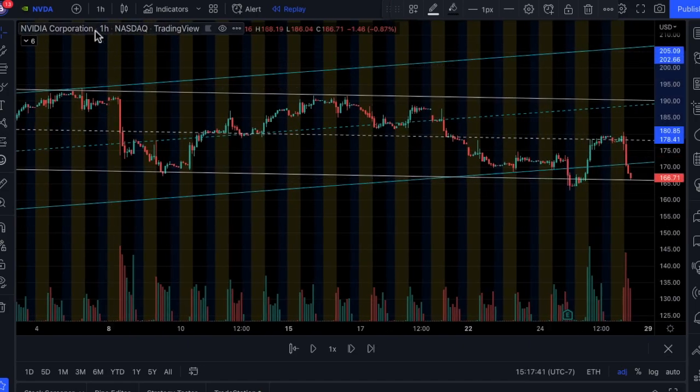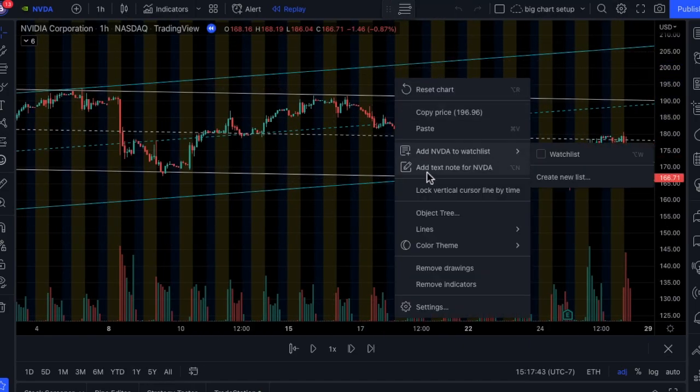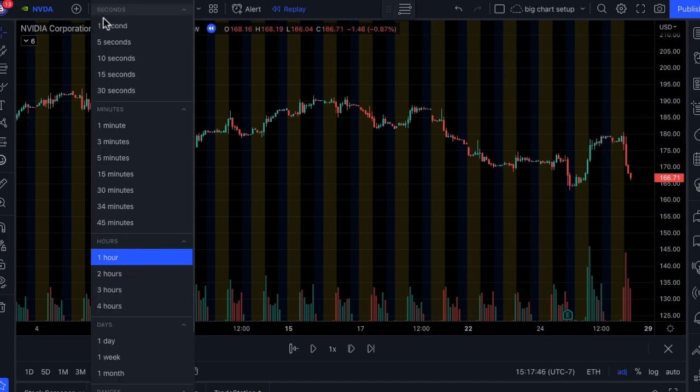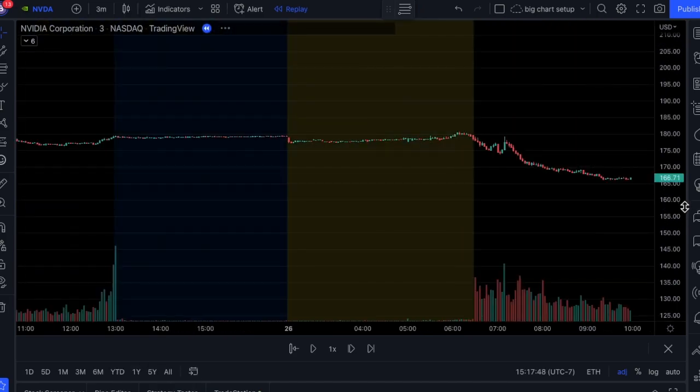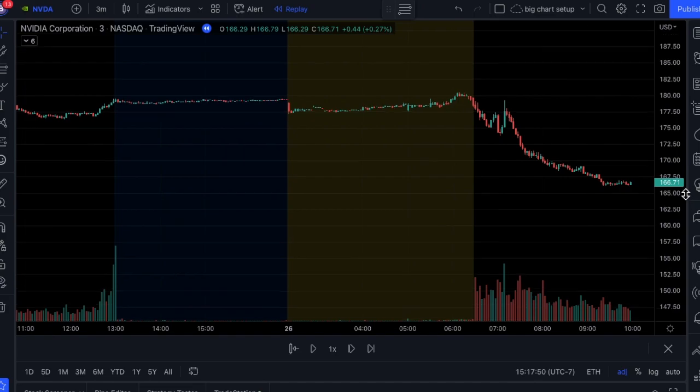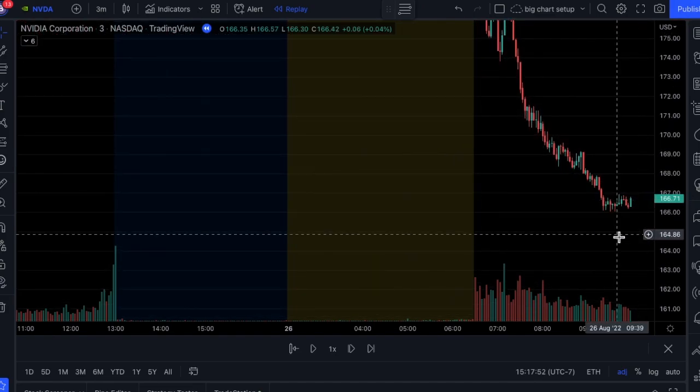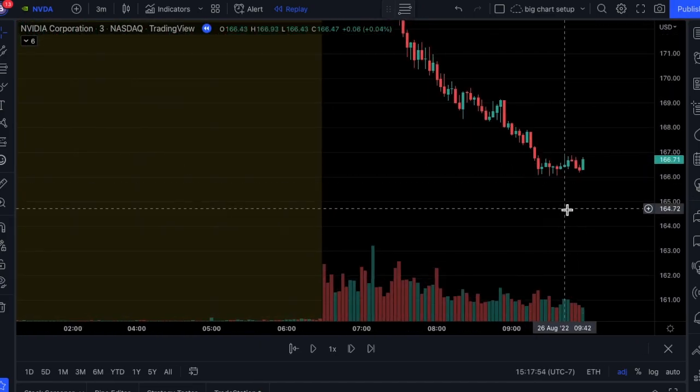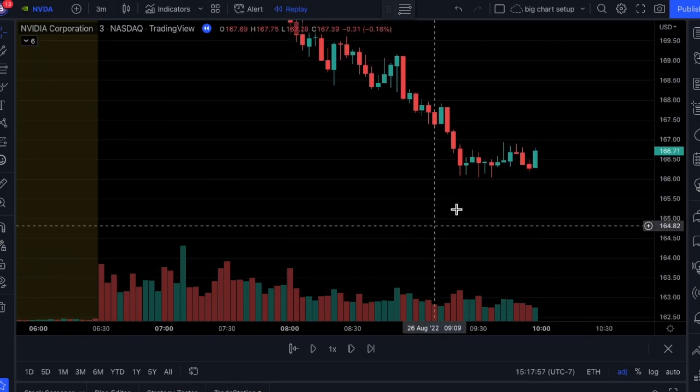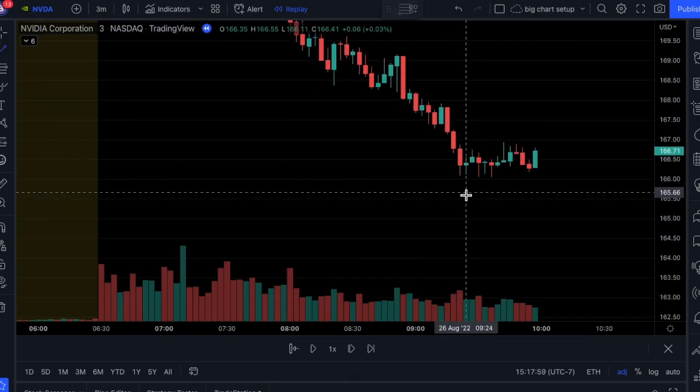There we go. Then I'm going to get rid of these other drawings, and we'll just focus on the price action on the 3-minute chart, which is the one that I use. If we zoom in here, it's just a nice little flag building out on NVIDIA.